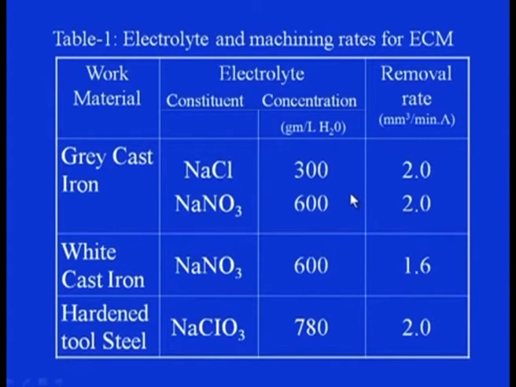Whereas, for white cast iron and hardened tool steel, sodium nitrate and sodium chlorate is used with the concentration 600 and 780 gram per liter of water, and material removal rate for white cast iron is obtained as 1.6 millimeter cube per minute per ampere, whereas for hardened tool steel it is 2 millimeter cube per minute per ampere.